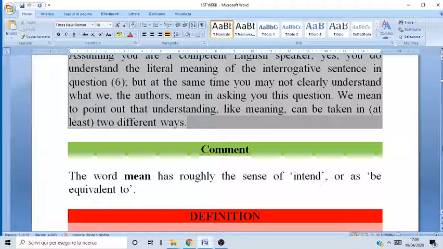Do you understand the sentence? But we do not understand what the authors mean by asking that question, that list of words. So for semantics, the word mean has roughly the sense of intend or be equivalent to.